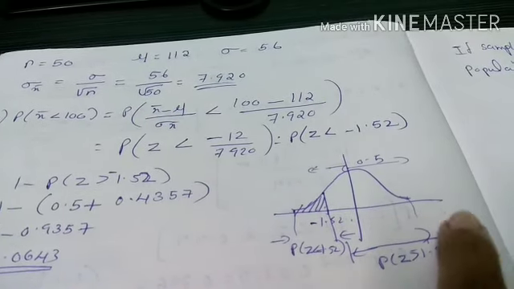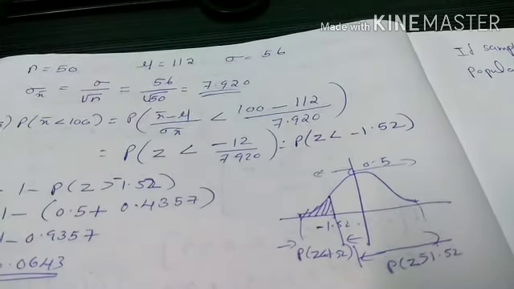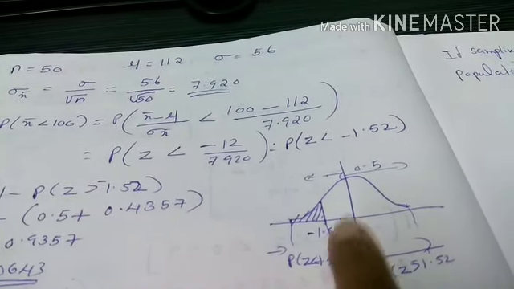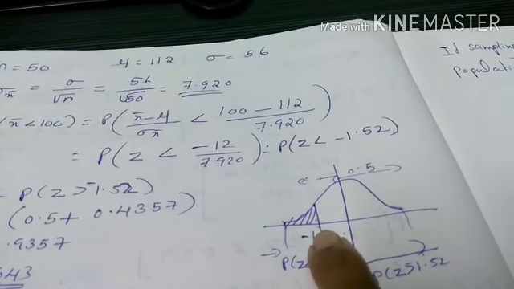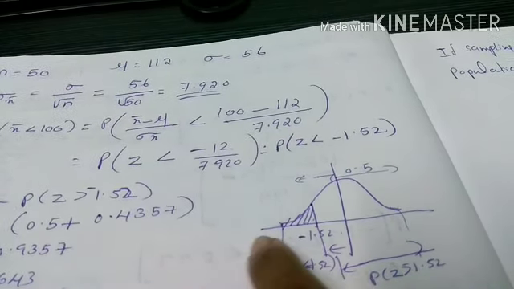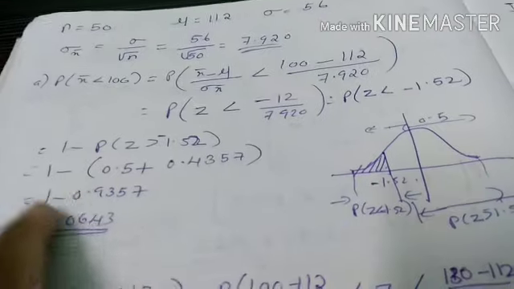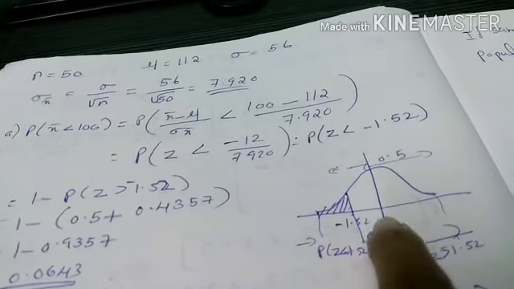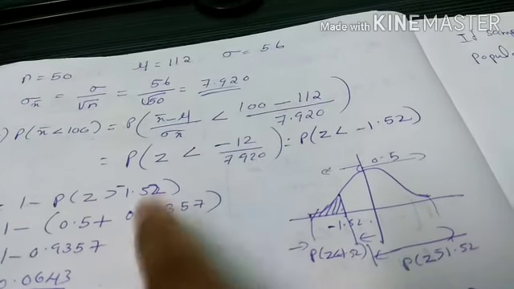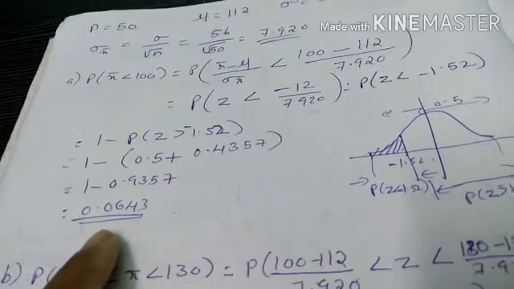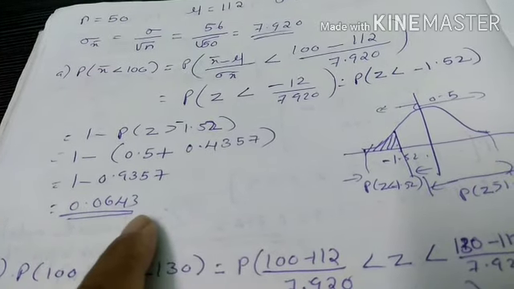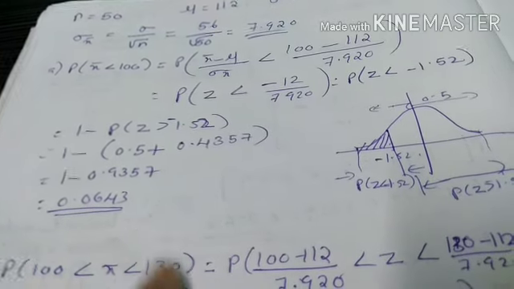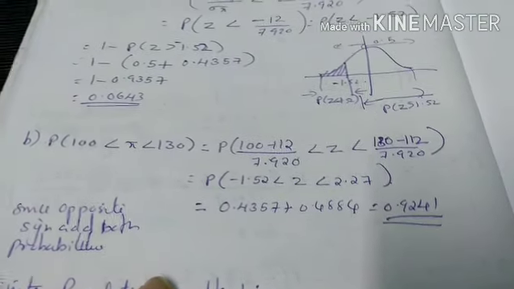We have to take 0.5 and the value for 1.52, that is this region, 0.4357. So this region, 0.5 minus 0.4357, is the answer. 0.0643 is the answer of this. That is the accounts having balance less than 100. About 6% of accounts will have monthly balance less than 100.